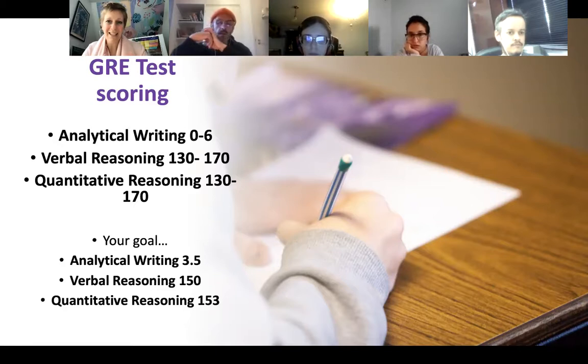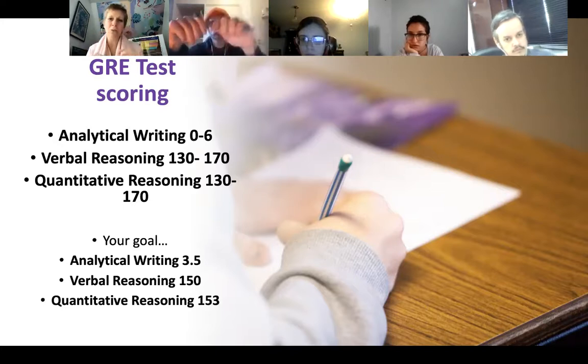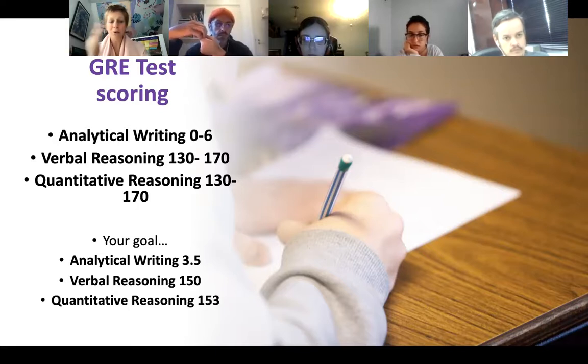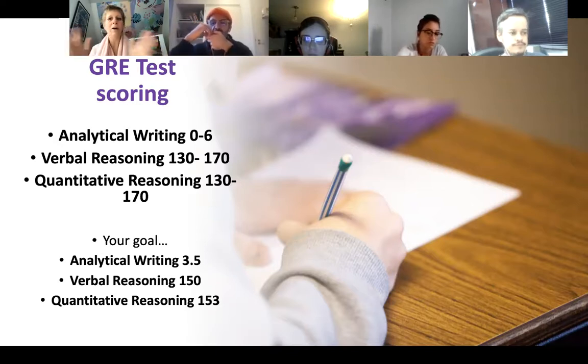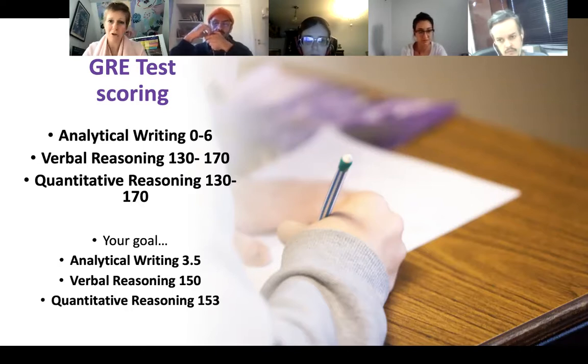I do have a link today that's going to explain exactly for different programs, and what I mean different majors, it's going to tell you what score you exactly need, okay? It's going to generalize, but it would say, like, for physics, you need to get this in verbal, this in analytical writing, and this in quantitative reasoning, okay? So just so you have a sense of that as you prepare and as you get your test results back.